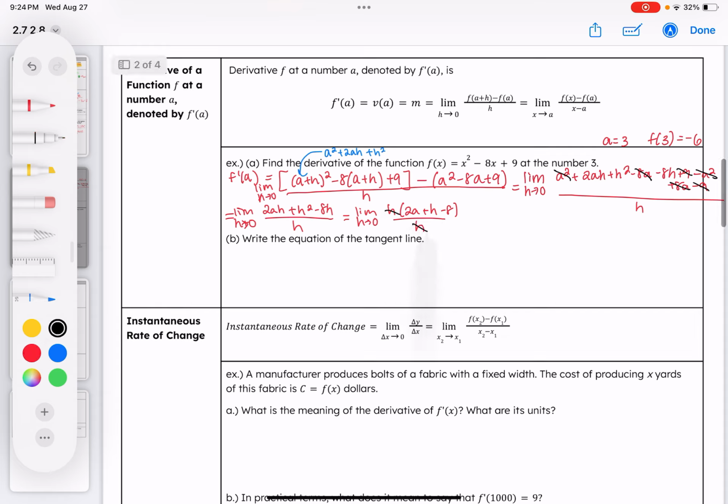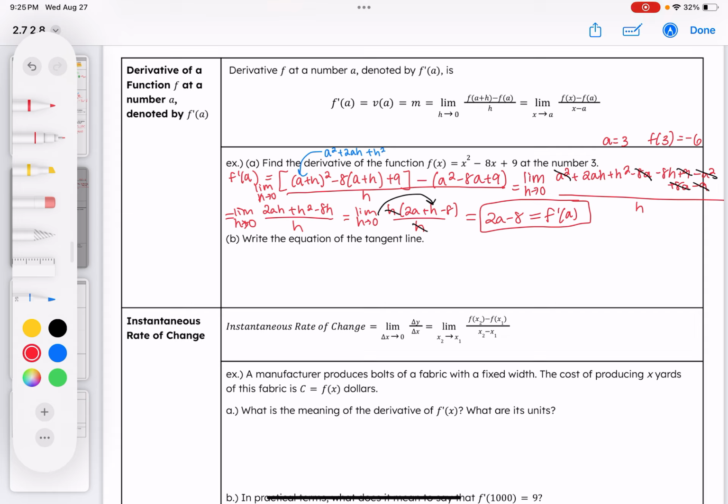Now my h's cancel out, so I have no h in my denominator, and I can evaluate when h is 0. So you're left with the limit as h approaches 0 is really 2a minus 8. Let me just write that as 2a minus 8 since I already evaluated that at h. And that is the derivative of your function.